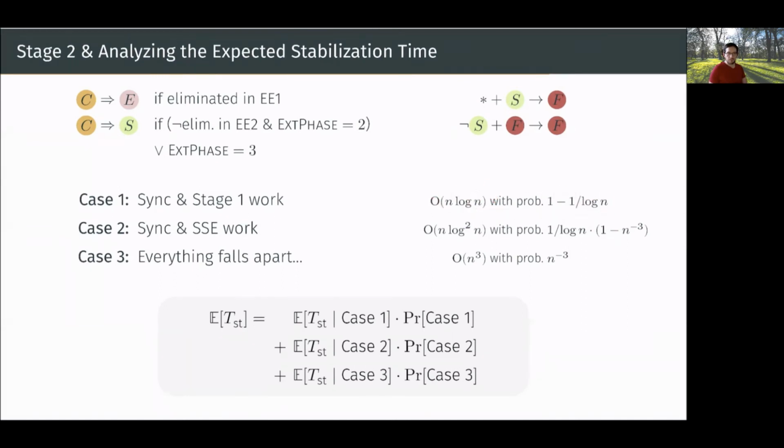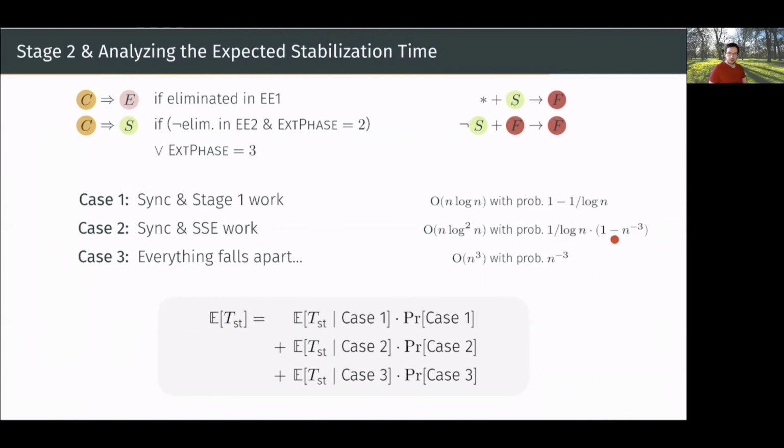Now, the second case here is a little bit worse. Here, we still have the synchronization into these different phases, but we assume that stage 1 might completely fail, and only this last part of our protocol, in particular the slow stable elimination, works. Now, the probability for this case is then 1 over log n, since this part failed.